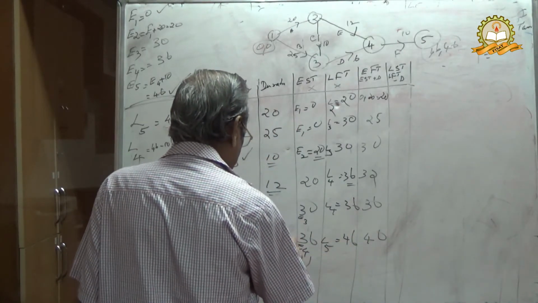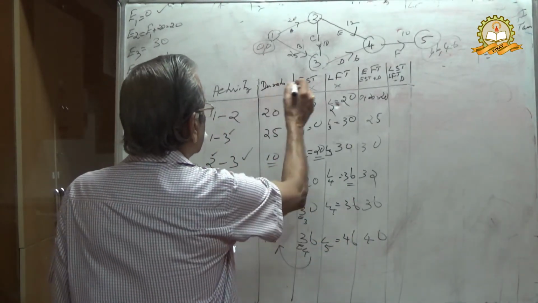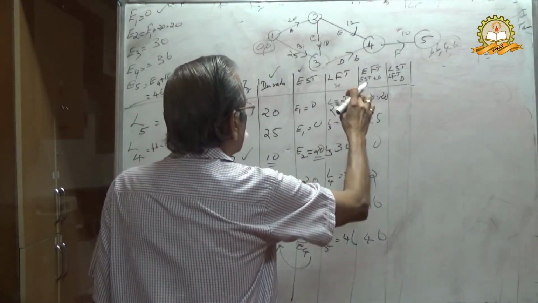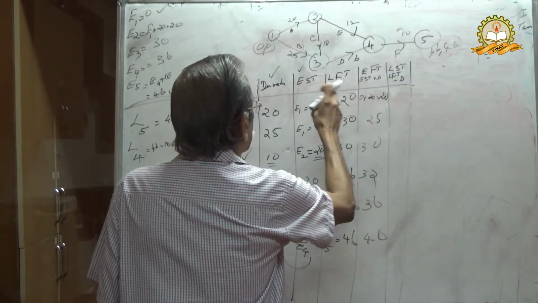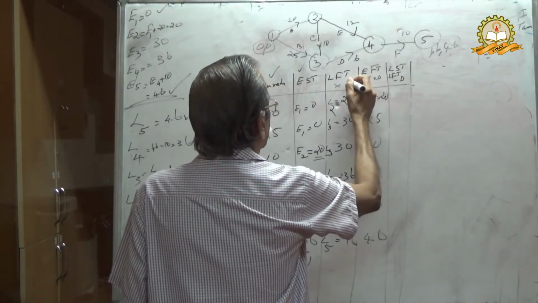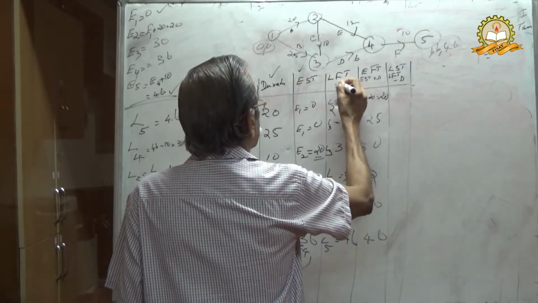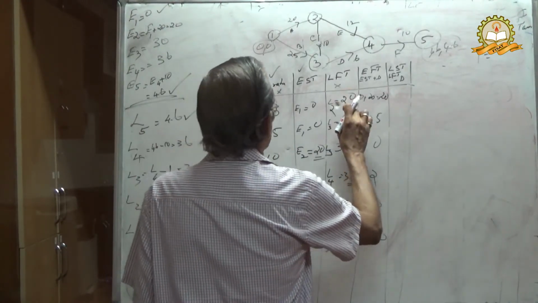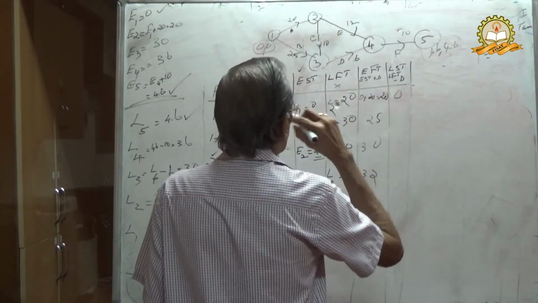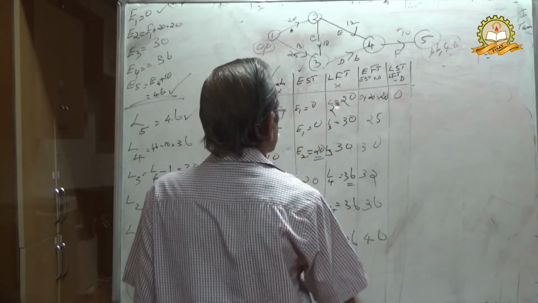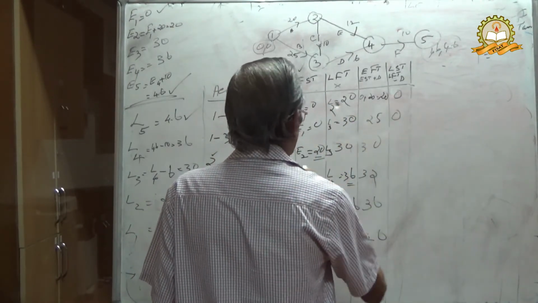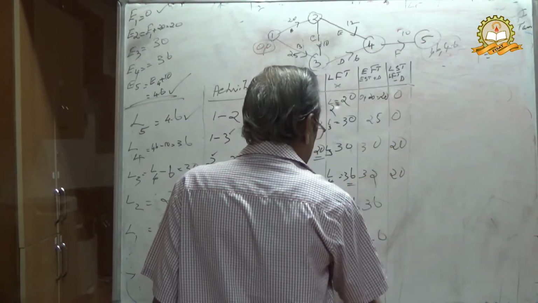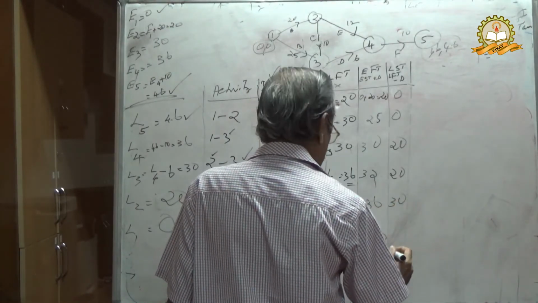You are adding these two. Now LST will be LFT minus duration, 0. Here it is 0, here it is 20, here it is 20, here it is 30 and 10.